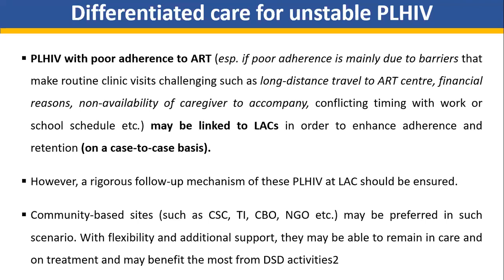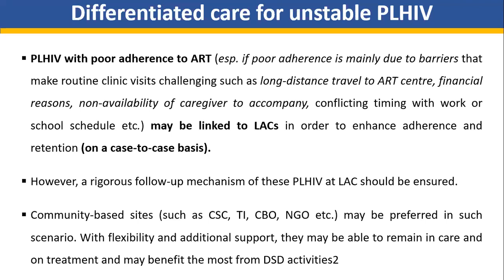But this can be decided on a case-to-case basis for those who are identified with these reasons. And also at the same time, we should have a follow-up mechanism for linking these patients, and at the linked ART center also.